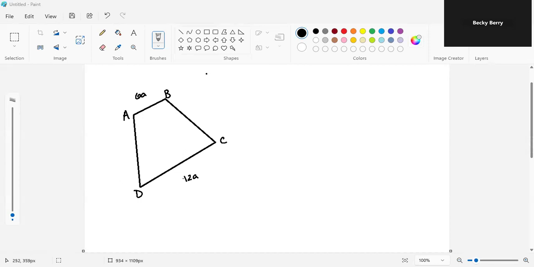We have this shape ABCD. We have AB as 6a and CD as 12a. We have a point called X somewhere in here that cuts AB into the ratio of 2 to 1, A to B, 2 parts of it, and then 1 part of it.